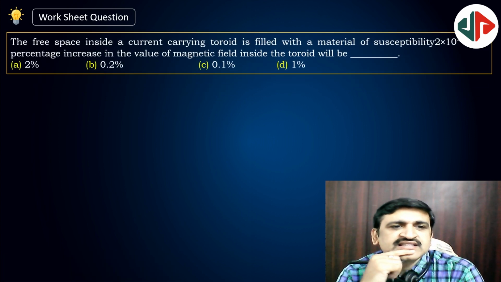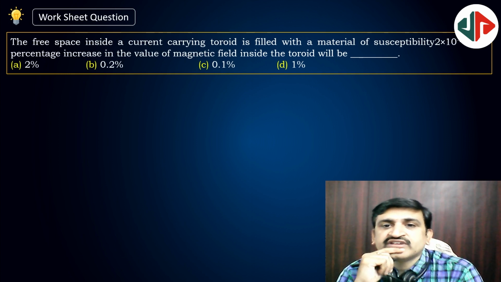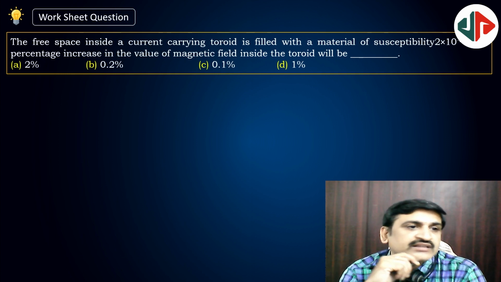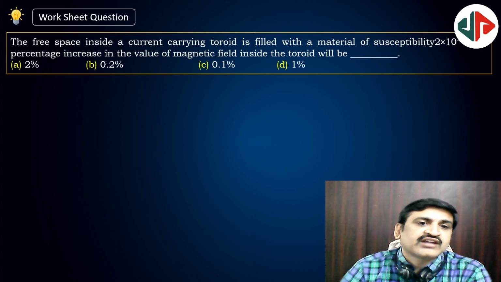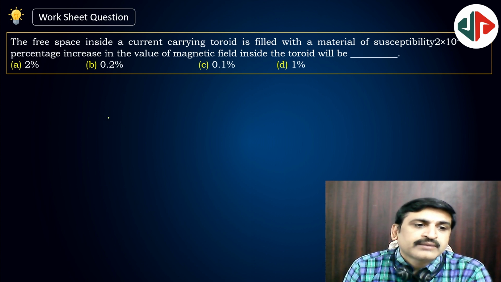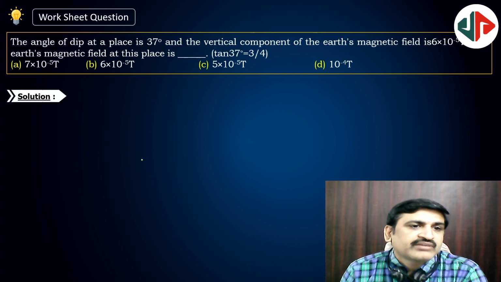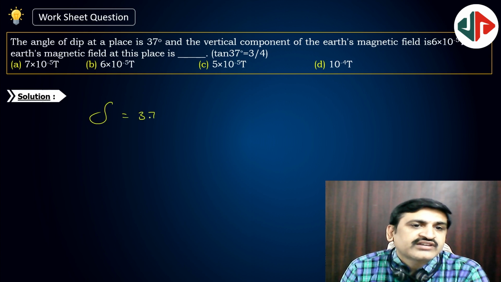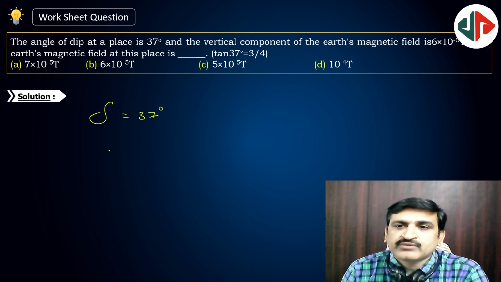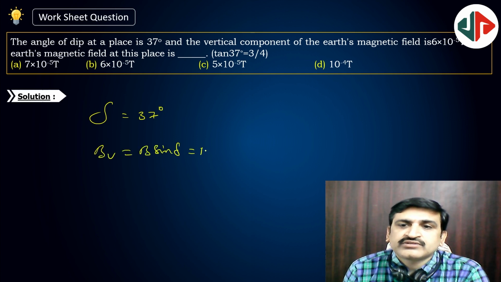The free space inside a current carrying solenoid or toroid is filled with a material of susceptibility this. The percentage increase in the value of magnetic field inside: percentage increase in magnetic field is equal to chi into 100. So chi value is 2 into 10 to the power of minus 2 into 100, 10 power 2. So answer is 2%. The angle of dip at a place, delta is equal to 37 degrees, and the vertical component of Earth's magnetic field BV is equal to B sin delta is equal to 6 into 10 to the power of minus 5.